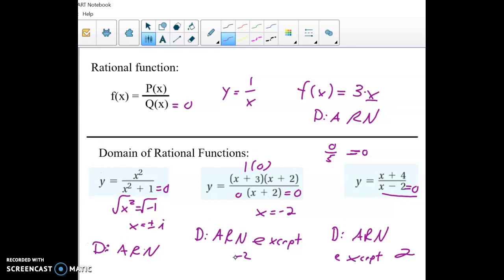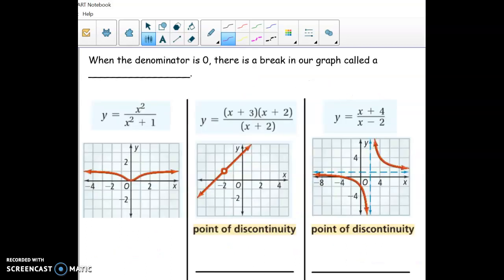Okay, so these points, this -2 and the 2 in this other example, are called discontinuities in the graph, because you'll be going along making your graph and then it'll break at that point, right? You won't be able to have a y value for an input x of -2 because it'll be undefined. It'll be an error. So in the graph, that'll be a break, which is called a discontinuity.